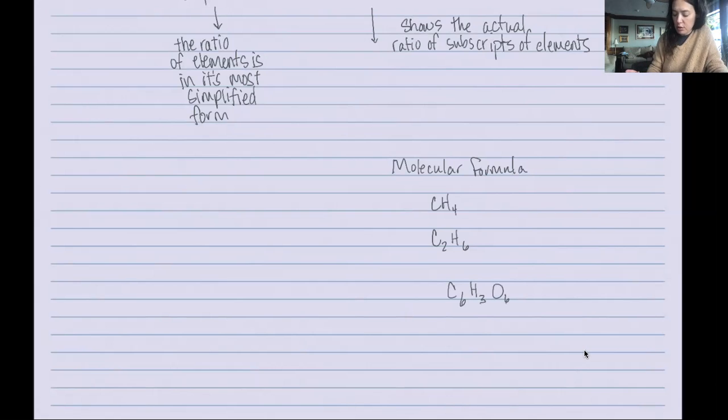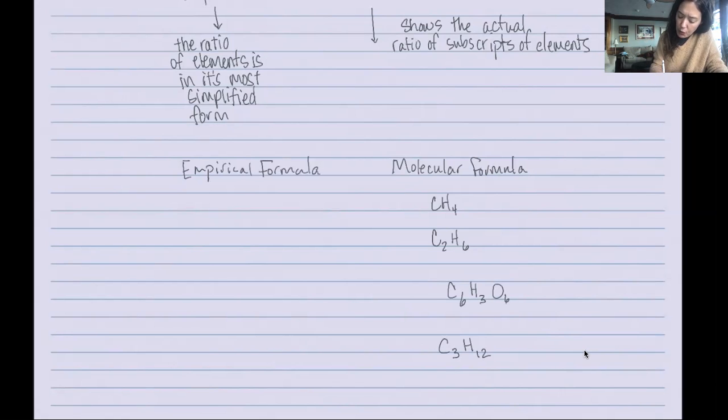Probably totally just made that up, right? And let's say that we have C3H12. I don't even think these things would form. That's fine. Our empirical formula would be the simplified version, okay?